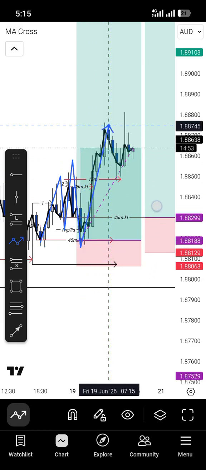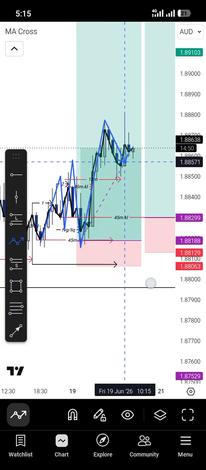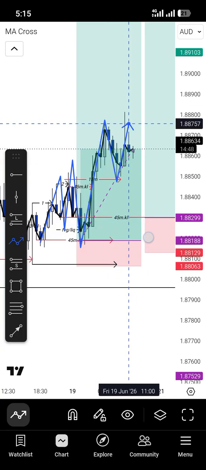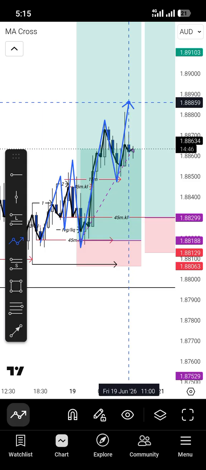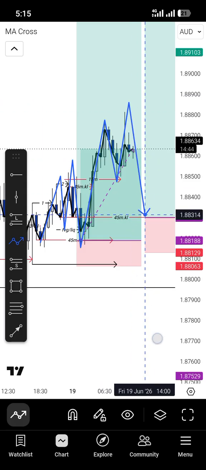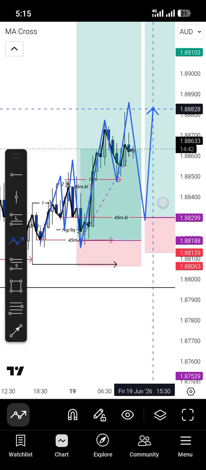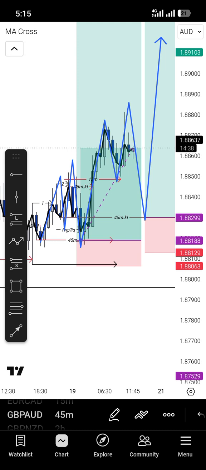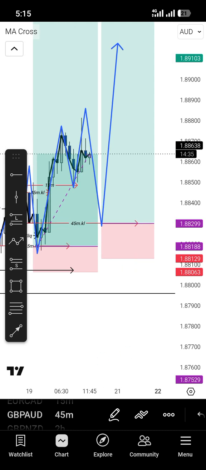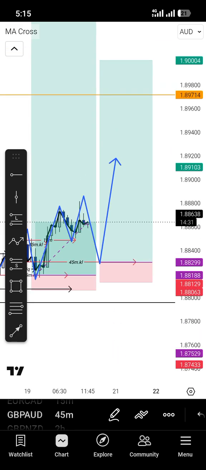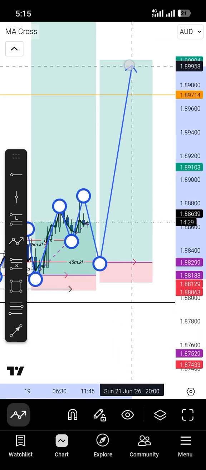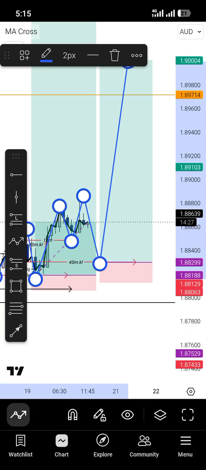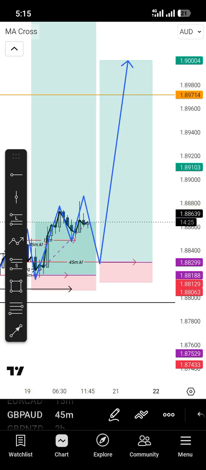So I'm also expecting, if I get something like this and a sweep like this, sometimes price might also come down and tap here and continue the move, because it's going to respect that key level. So I'm still expecting price to maybe dump to that place, then we'll continue the buy to wherever we want to. So if price comes down, I'm going to buy from here and end there.